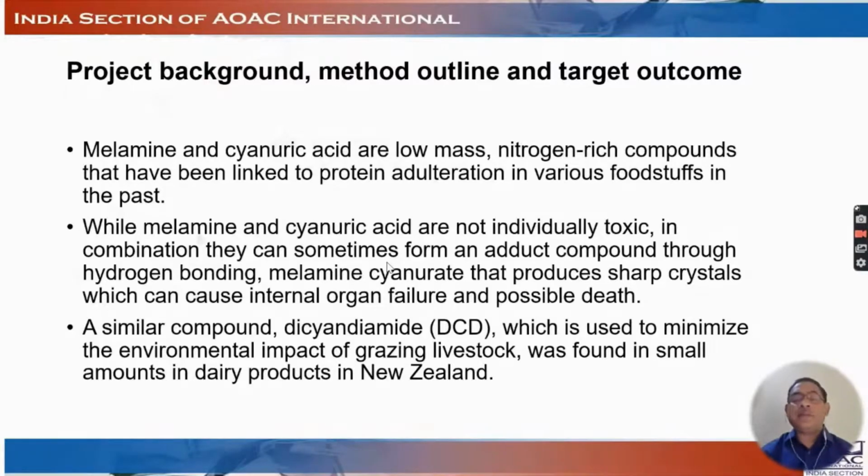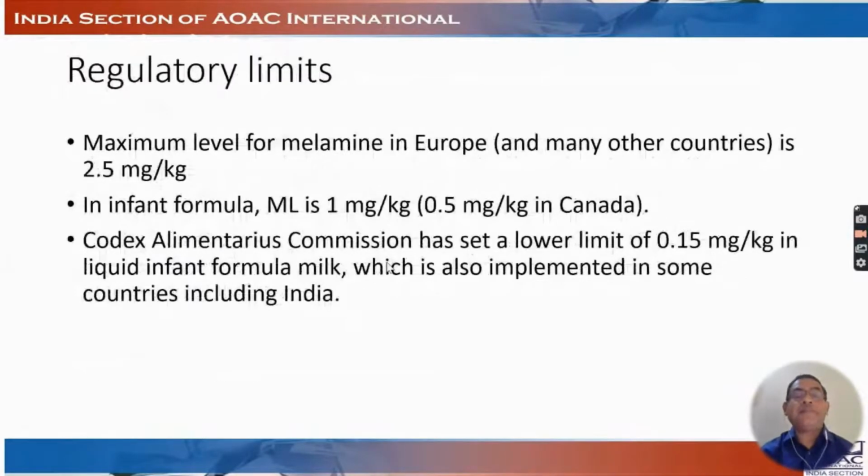So that is the reason why these three compounds, melamine, cyanuric acid and dicyandiamide, are thought of always together, that whenever we would like to test milk and milk products, probably we need to test all three, and the best possible way is to test them simultaneously so that laboratory throughput can be maintained and the test is basically commercially viable.